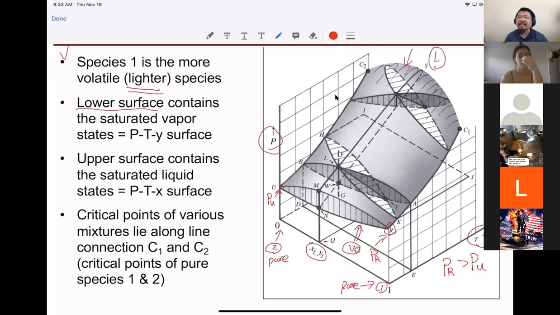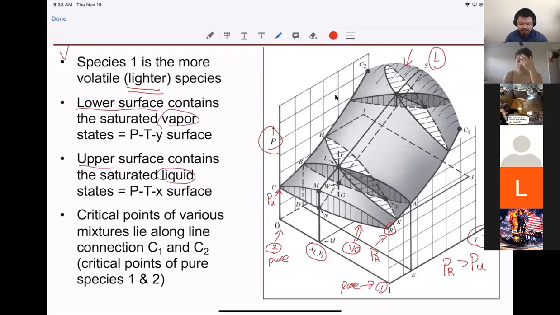Still using the same analysis, you start with a lower pressure and keep increasing the pressure, and you should be able to drive your vapor into the liquid. So this is roughly how you identify the surface of the vapor and the surface of the liquid. Of course, the upper surface would be liquid, and the lower surface would be the vapor.